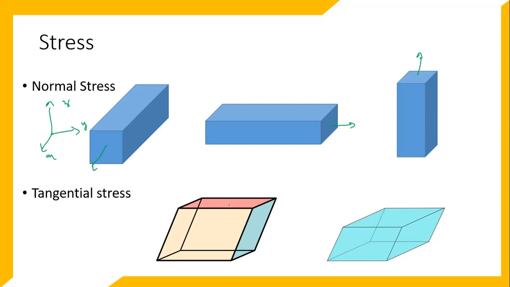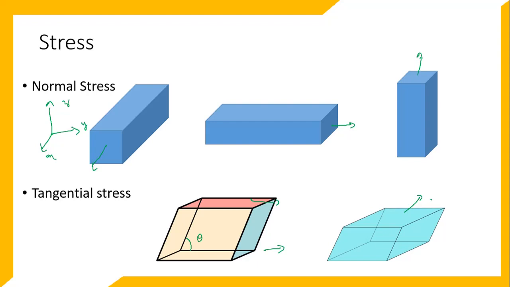I can give a tangential stress. So there are two different types of stress, that is normal stress as well as tangential stress. Normal stresses are given normal to the axis of the object, and tangential stresses are given at an angle with the direction. So I can give a tangential stress either in this way or in this way.